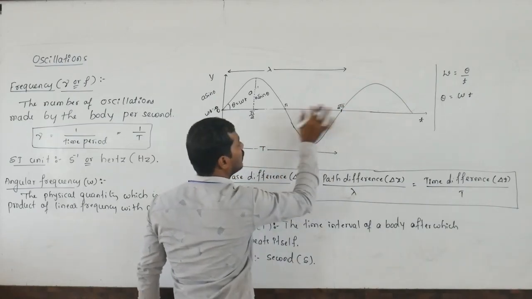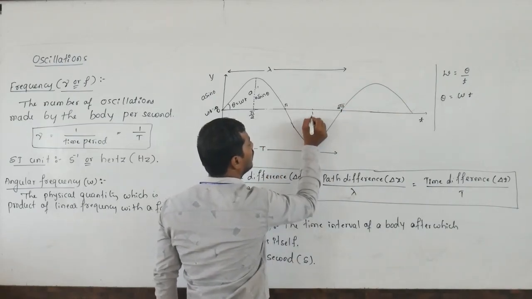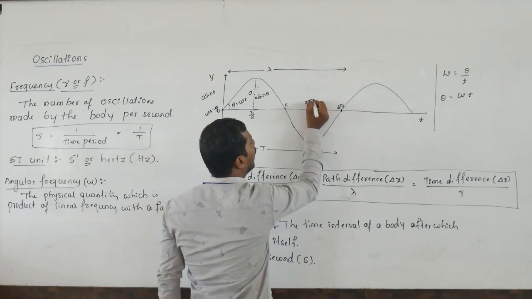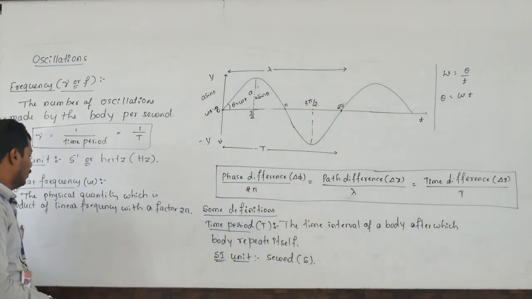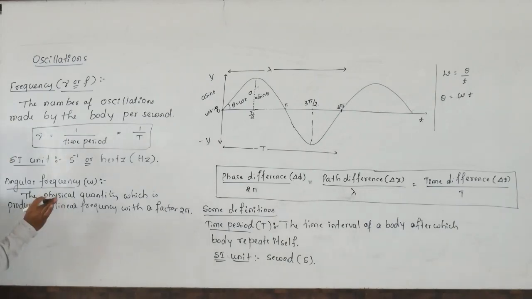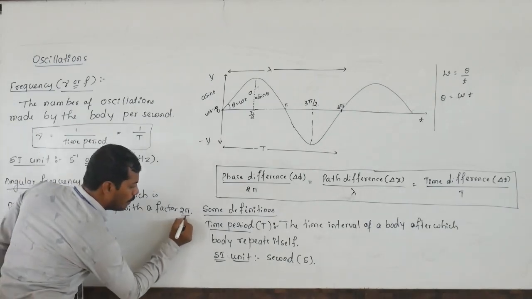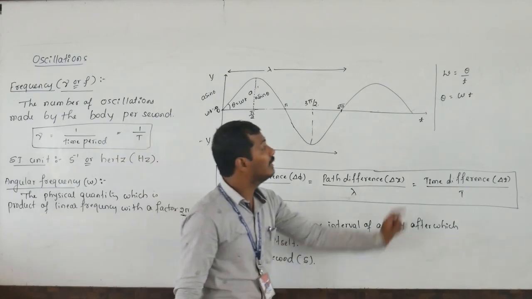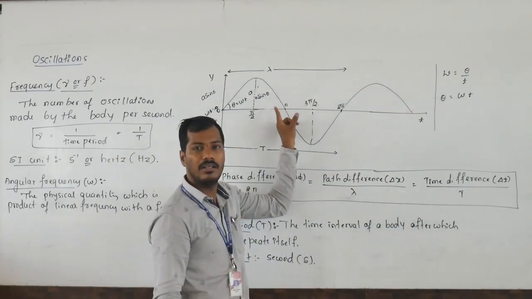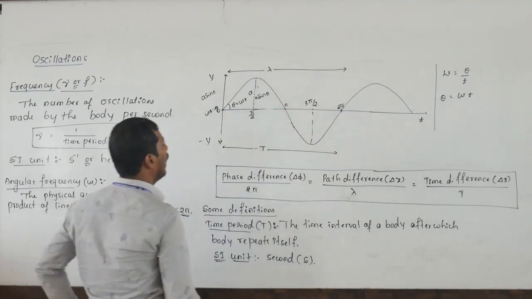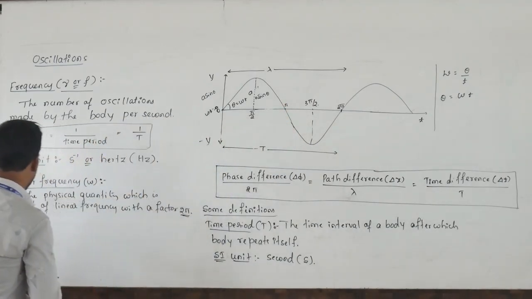Then the middle of these two is 3 pi by 2. It means that 2 pi is the total angle for one revolution.